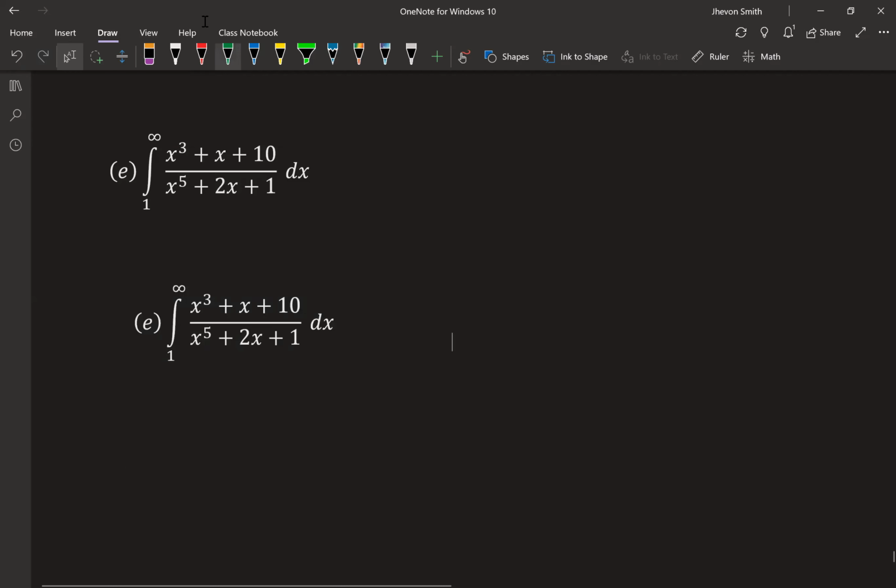You learned back in Calc 1, you're going off to infinity, only the highest powers matter. You can essentially ignore everyone else, not for a direct calculation, but in terms of the behavior. What is it going to behave like? Once you're going off to infinity, he's going to behave like that guy.